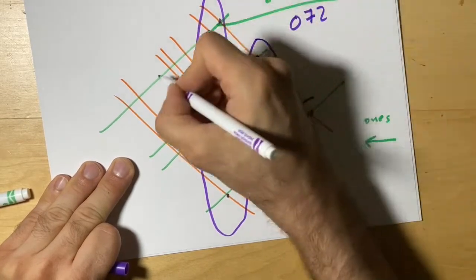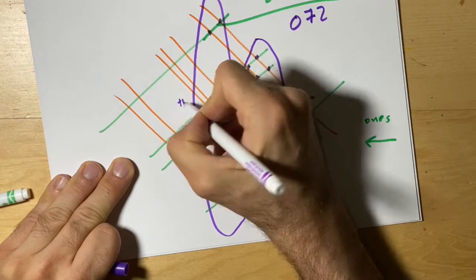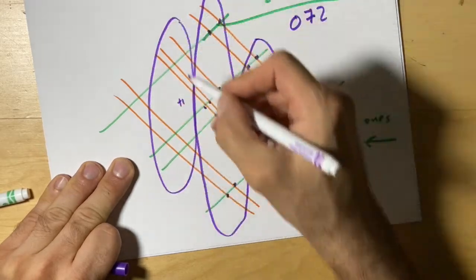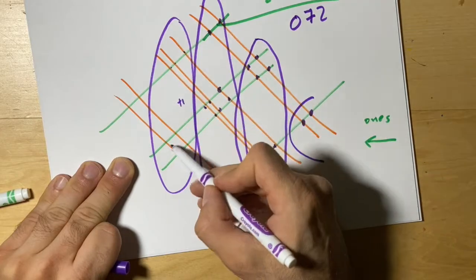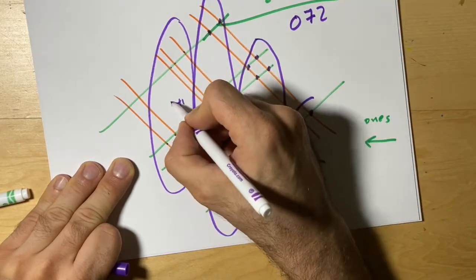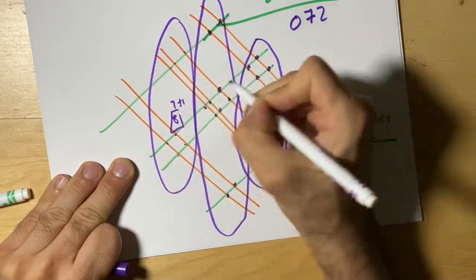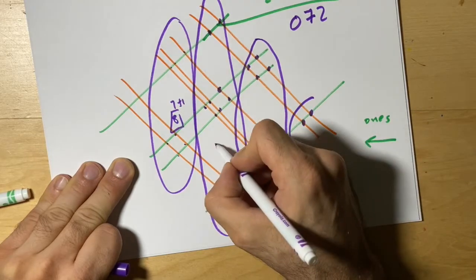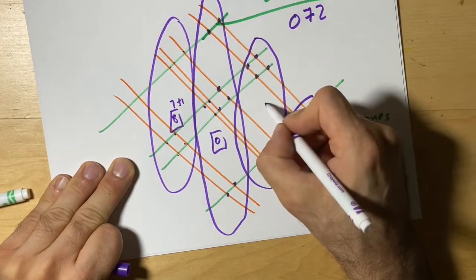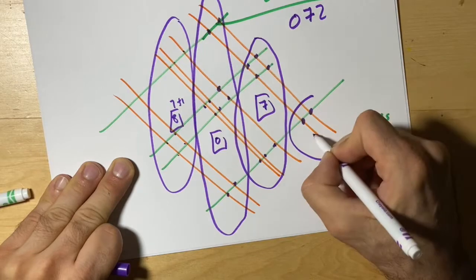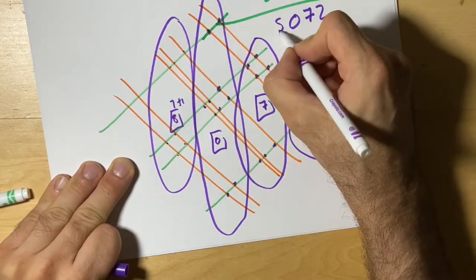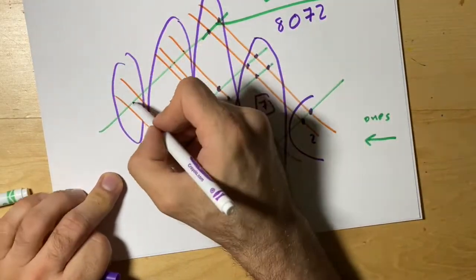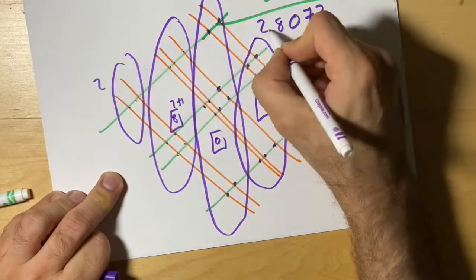So we're going to carry one over. Do this one, 1, 2, 3, 4, 5, 6, 7. Plus the 1, so we have 8. And then this one, 2 times 1 is 2.